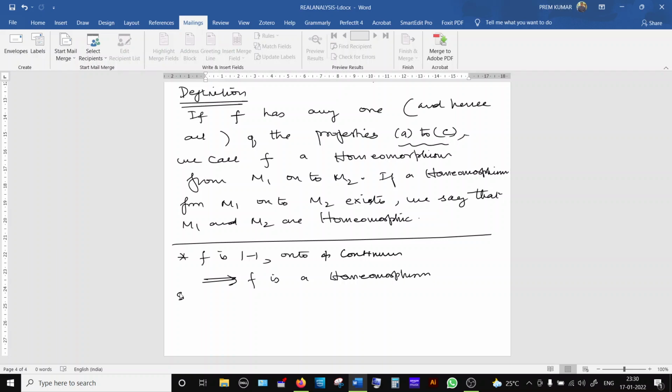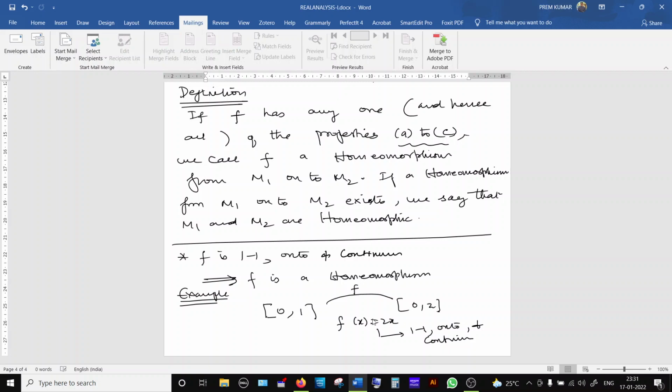Some small examples are there. Just examples, you can verify that there exists a function between these two sets which is one-to-one, onto, and a homeomorphism. The set M1 is 0, 1, and the metric space M2 is 0, 2. There is a function between M1 and M2 defined by f of x equals 2x, and you can check that this function is one-to-one, onto, and continuous.